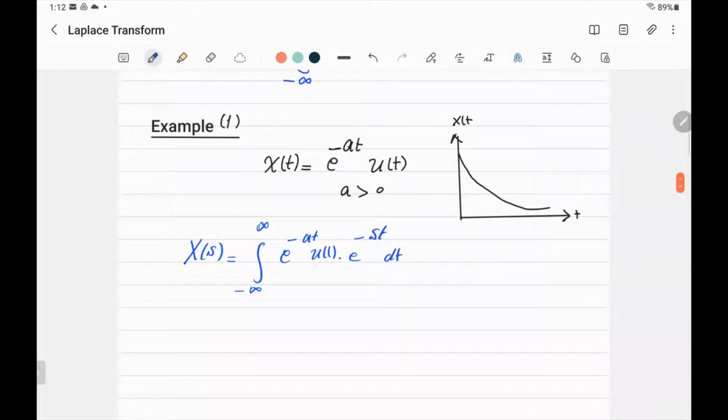What does u(t) mean? It means from 0 to infinity. The u(t) is defined like that: it's 1 when time is greater than 0 and 0 before that.